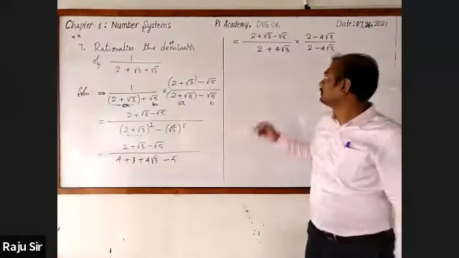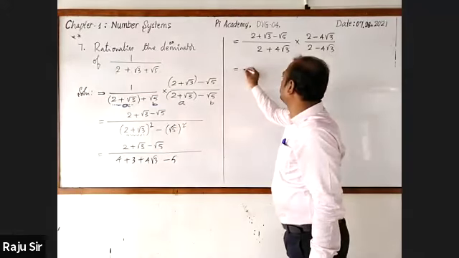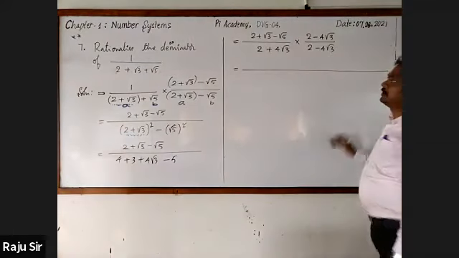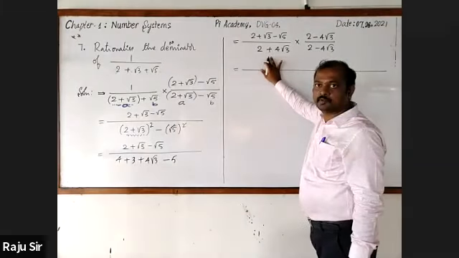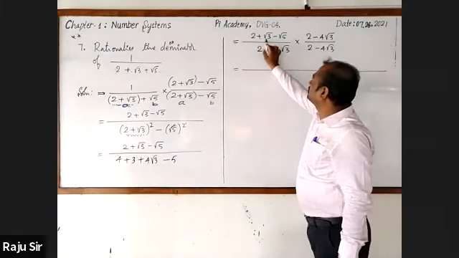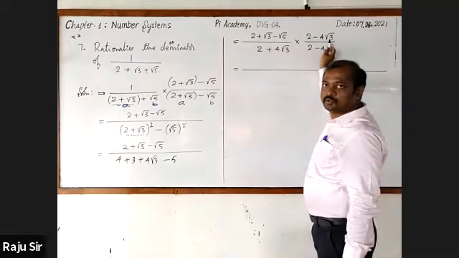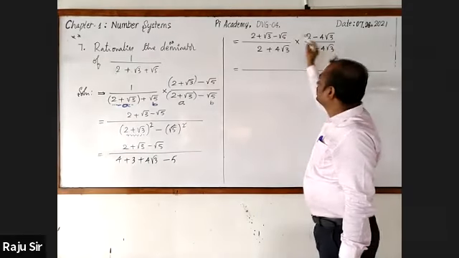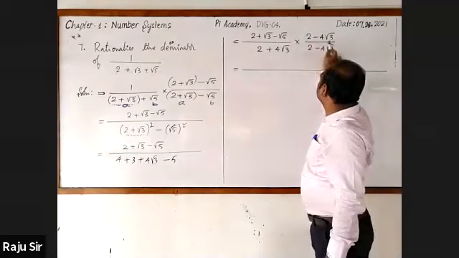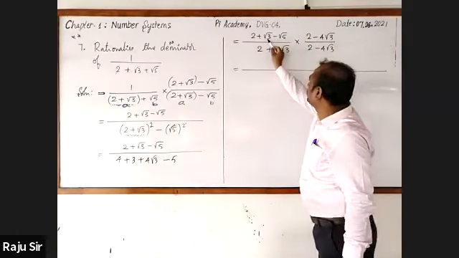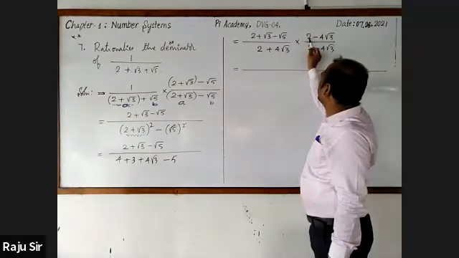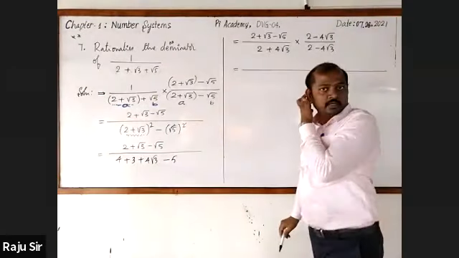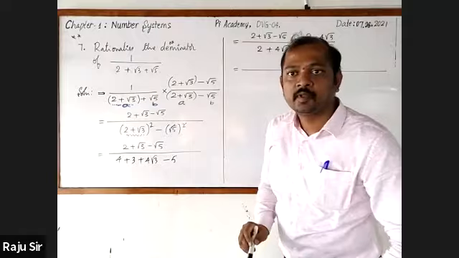Next, this is equal to, observe the numerator. Here we have 3 terms, here we have 2 terms. Multiply 2 with these. Multiply root 3 with these 2 terms. Multiply minus root 5 with these 2. Did you understand?